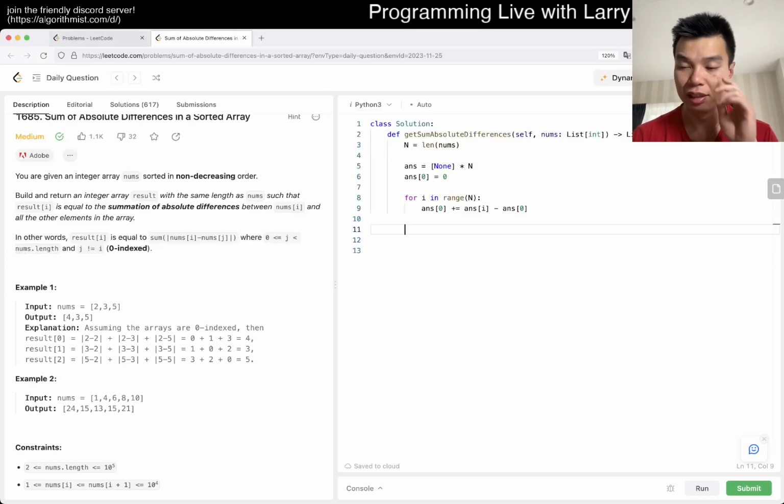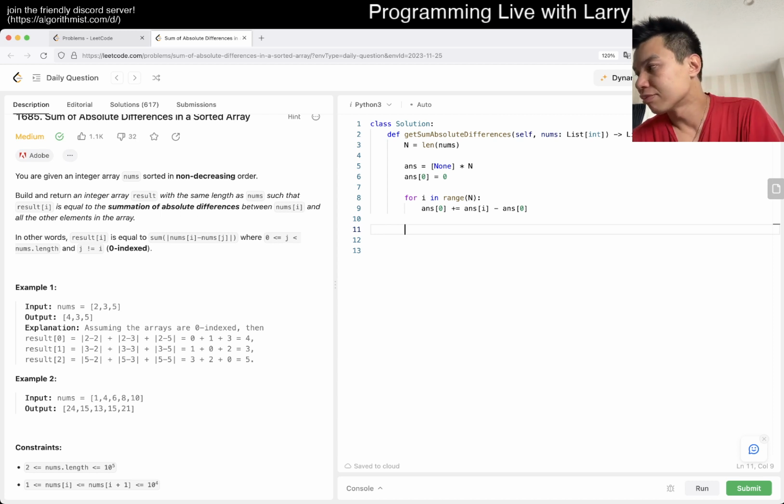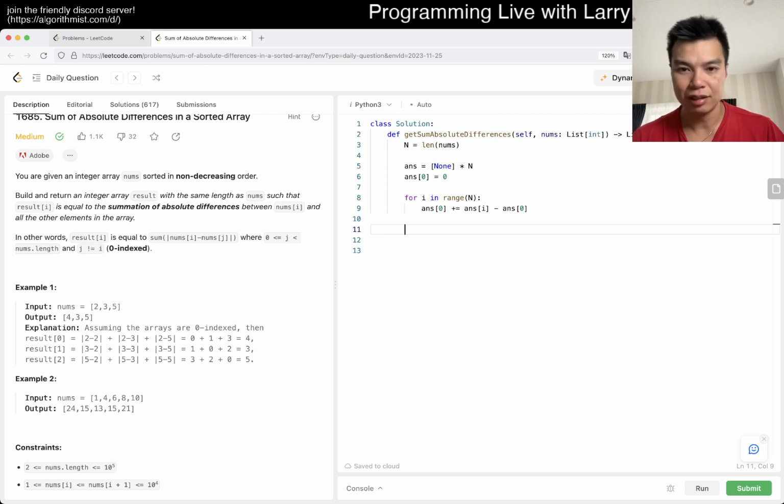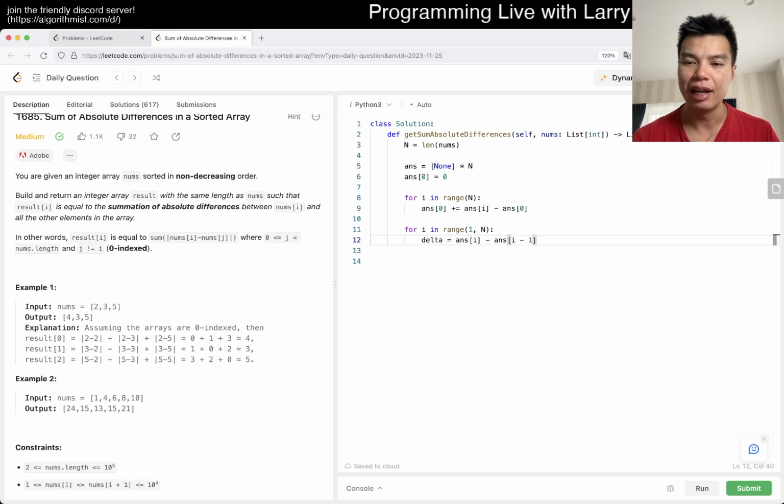So now we're moving. Delta is going to be nums[i] minus nums[i-1], right? And then how many things are to the left of answer[i], where it increases by delta?